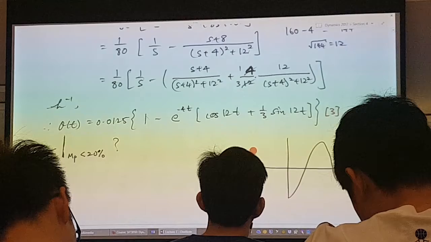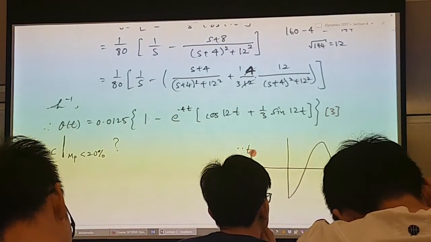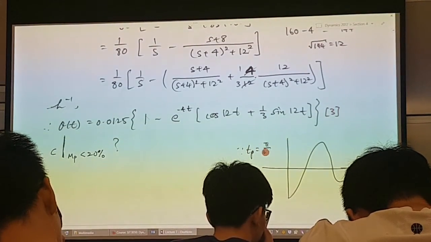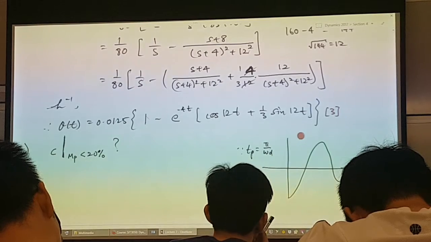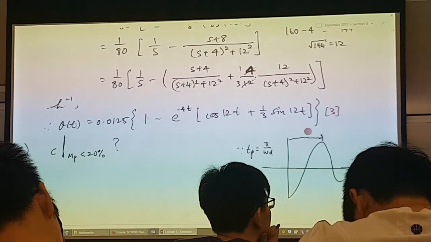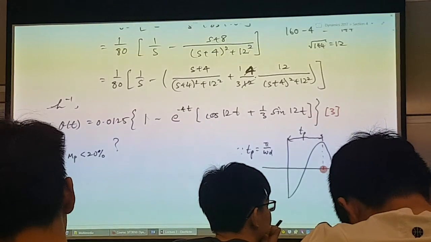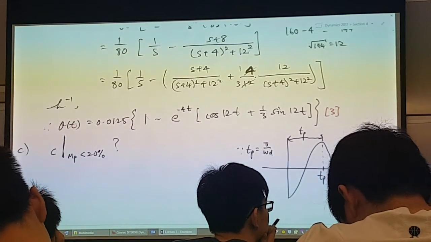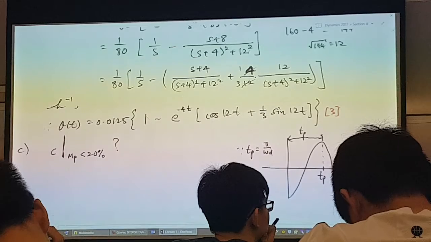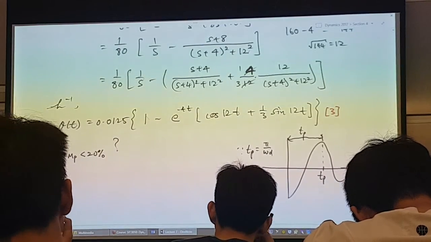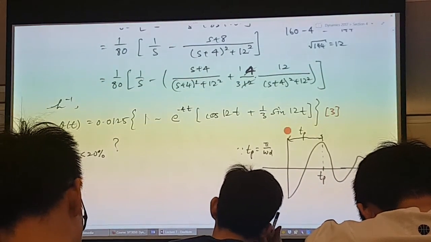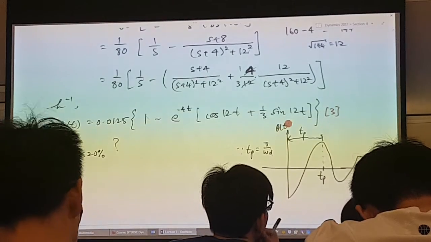So we know that your TP here is equal to pi over omega d. And TP refers to the time taken over here. Right? That's the peak time, TP. This time. And this axis is omega t.